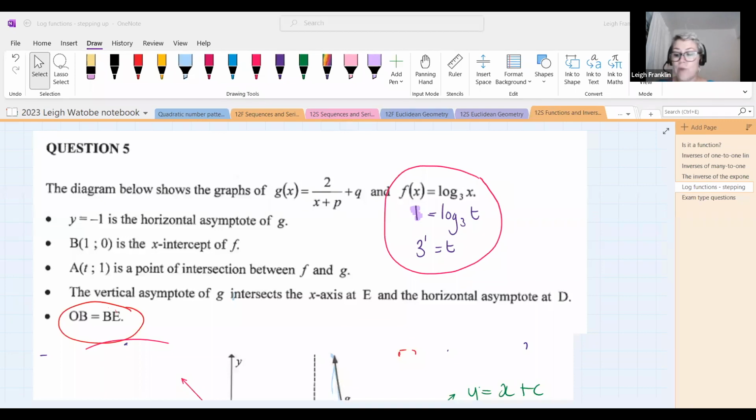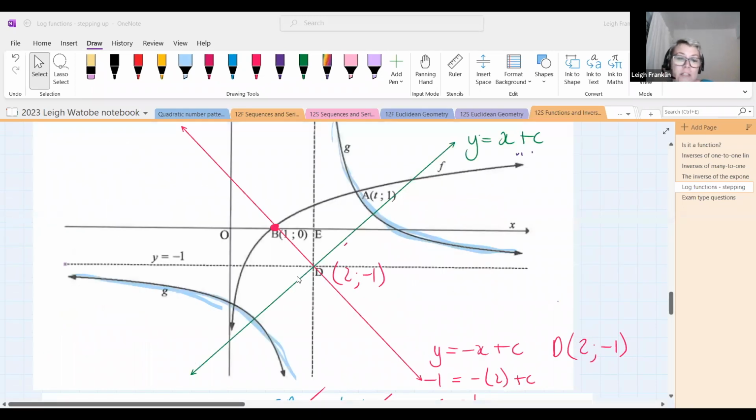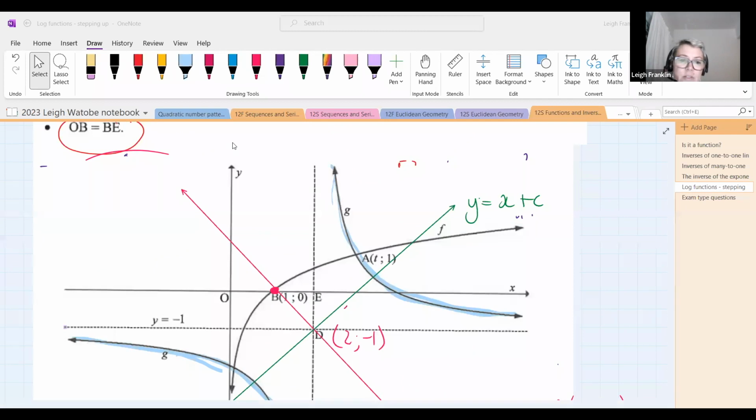The reason why them telling us OB was equal to BE was important is that it helped us work out a couple of things. First of all, we needed to know the equation of this vertical asymptote.